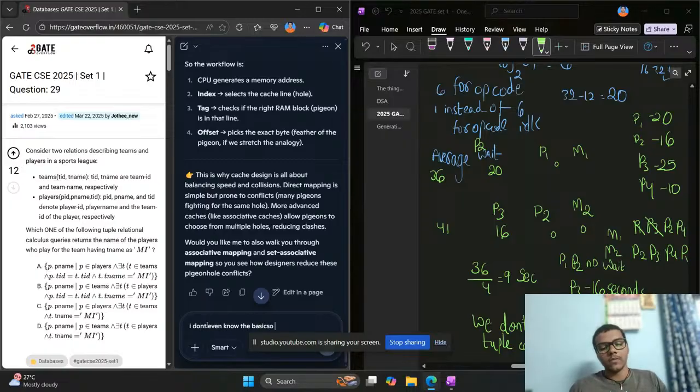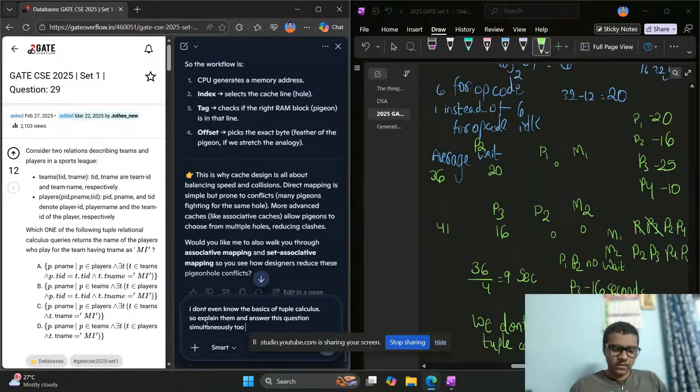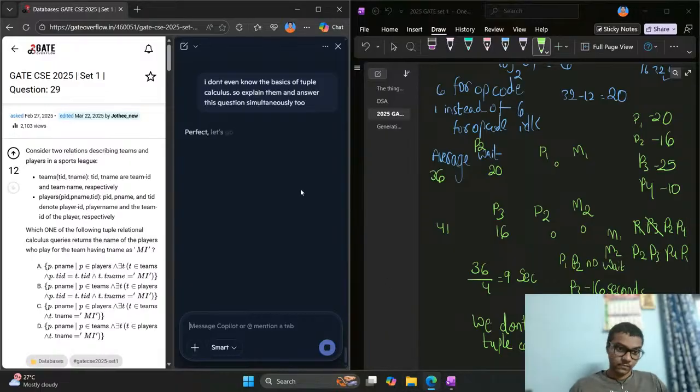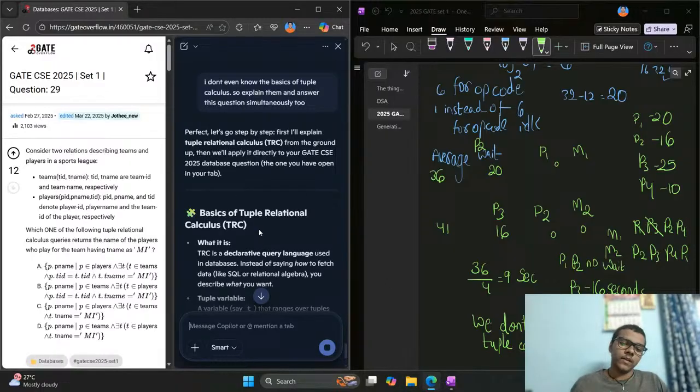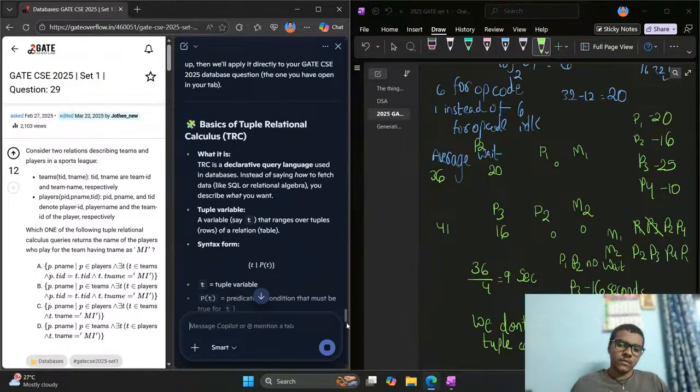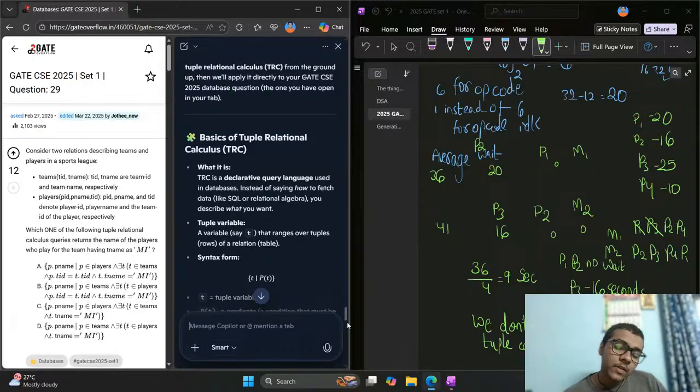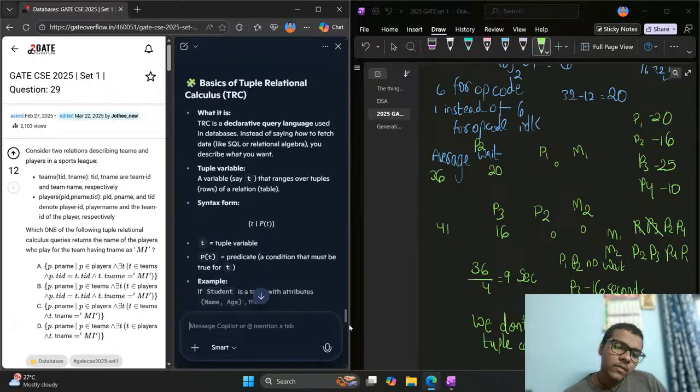Only when all the basics of tuple calculus, so explain them and answer this question simultaneously. Declarative query language used in databases. It describes what you want, not how to fetch data. Tuple variable.